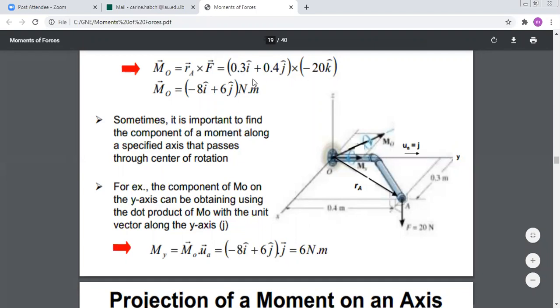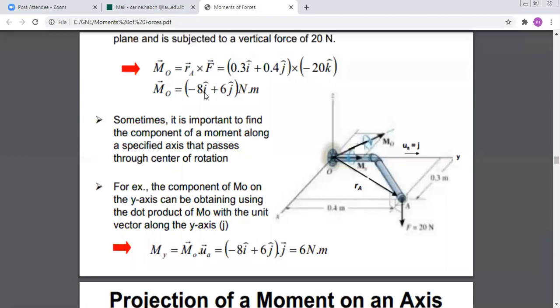And now, if you do the expansion, i vectorial k is minus, and you already have a minus, so it's plus 0.3 times 20 along j, which will give you 6j. And along I, it is here 0.4j vectorial minus 20k. J vectorial k is plus i, but we have a minus, so it's minus 8i.